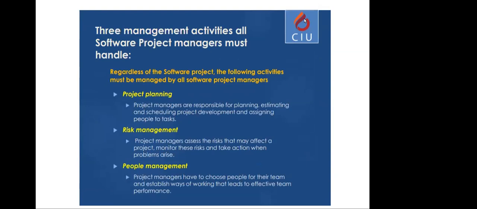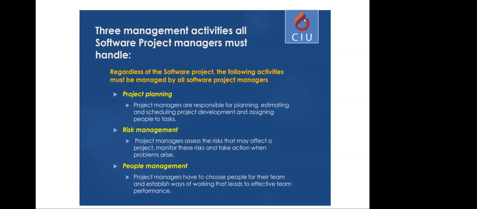There are three important categories that managers should manage in a software project. First of all, the planning and the resources themselves, such as scheduling the project, assigning tasks to people, making sure that the requirements are being met well throughout the team, and basically everything is on track.